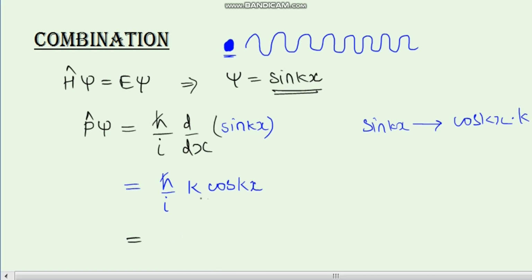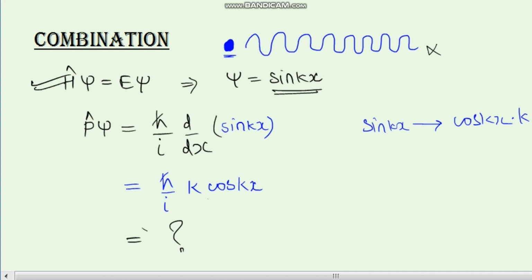We do not know what the momentum is here. We are stuck. What should be the answer? Then we ask ourselves, something is wrong with sine kx. This cannot be the solution of this equation. This particle cannot move like this, and that's why we are not getting this momentum.